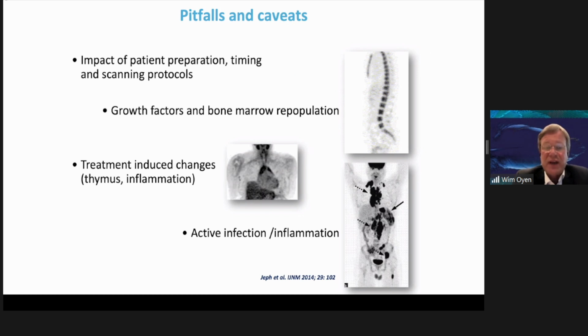So having your patient preparation, the timing and the scanning protocols adequately set up, reproducibly set up, is very important.